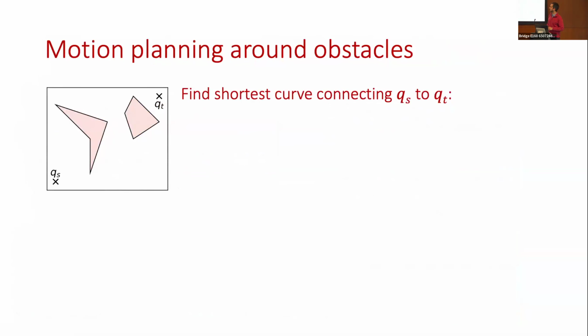Another problem that comes from robotics that is naturally formulated as a GCS problem is motion planning around obstacles. Imagine you want to connect these 2 points, the starting point and the target point, with a minimum length trajectory that avoids the obstacles ahead.